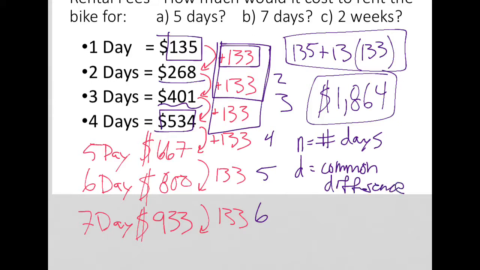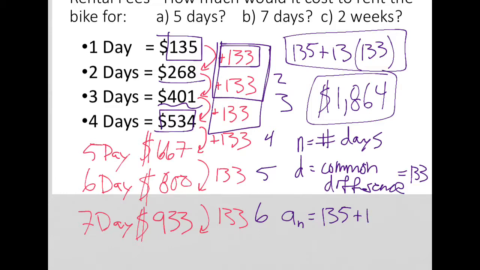And what else do I know? Well, I know the common difference was 133. And how did we think about this? We said that the amount that we had after n days was equal to that initial amount, $135, plus one less than the day number times that 133.